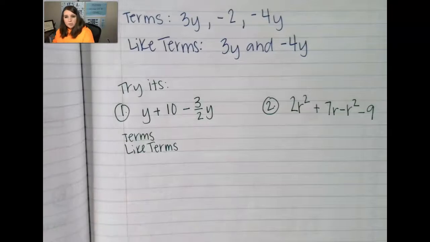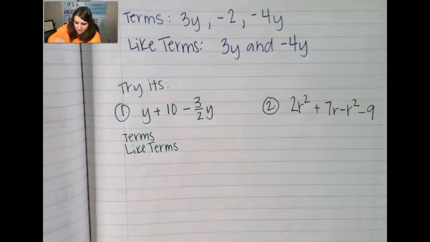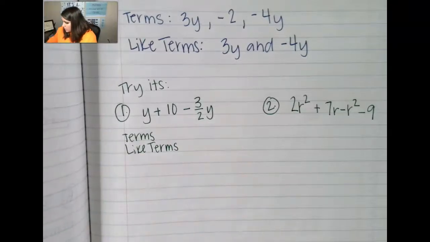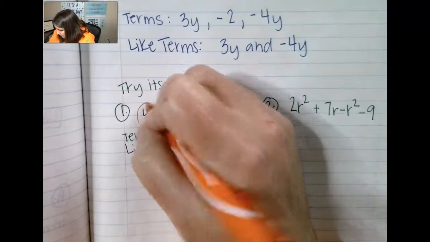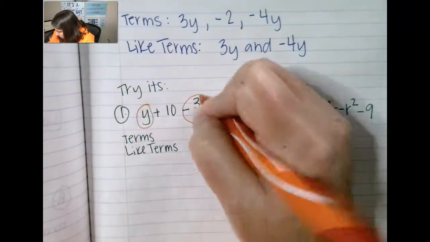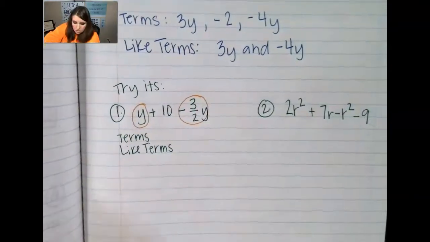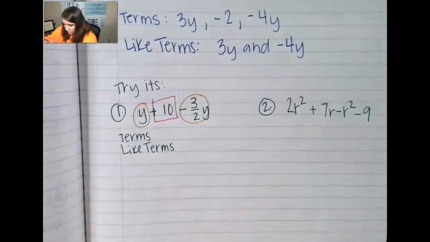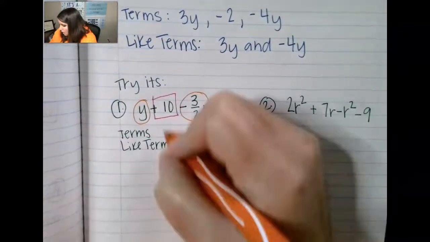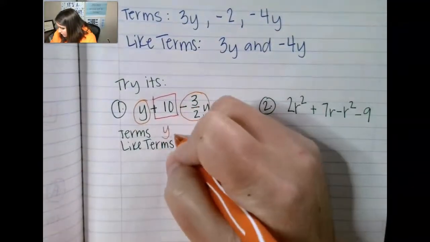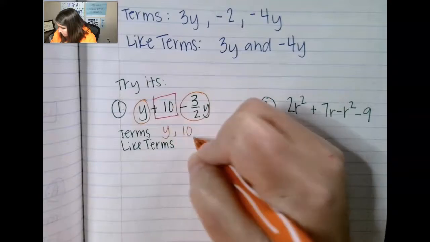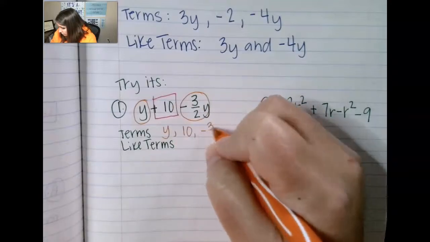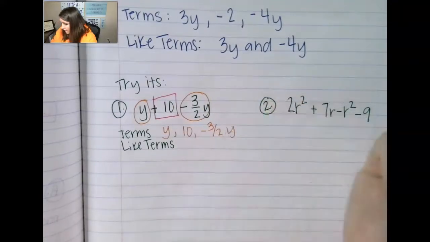All right, so first we're going to identify the terms. So the terms, there's a y, and there's a y. I'm going to go ahead and start looking at these in colors. So my terms are y, 10, and negative 3 over 2y.